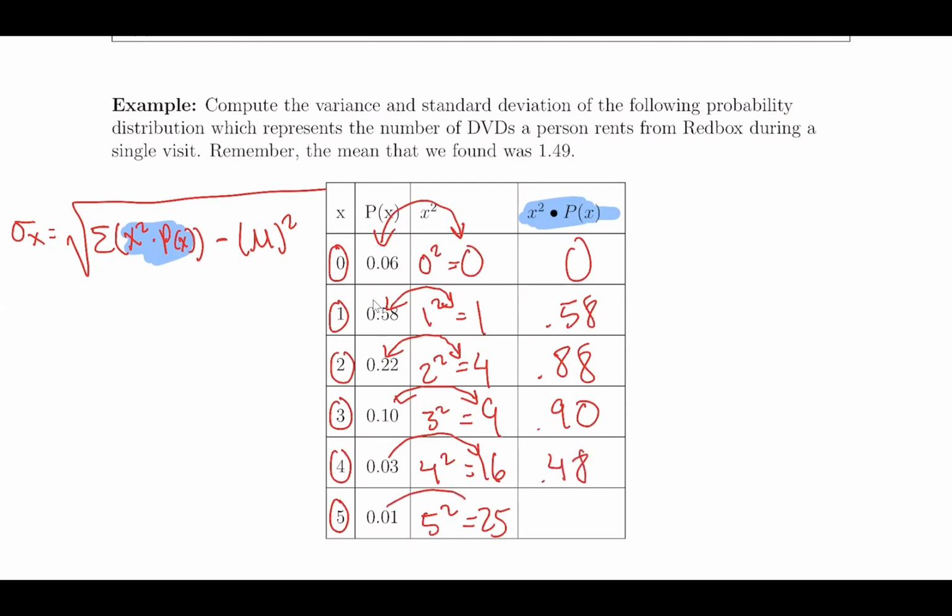And you do 0.01 times 25, and you get 0.25. All right, so that's how we get this portion over here. Any question how I got the portion in blue?